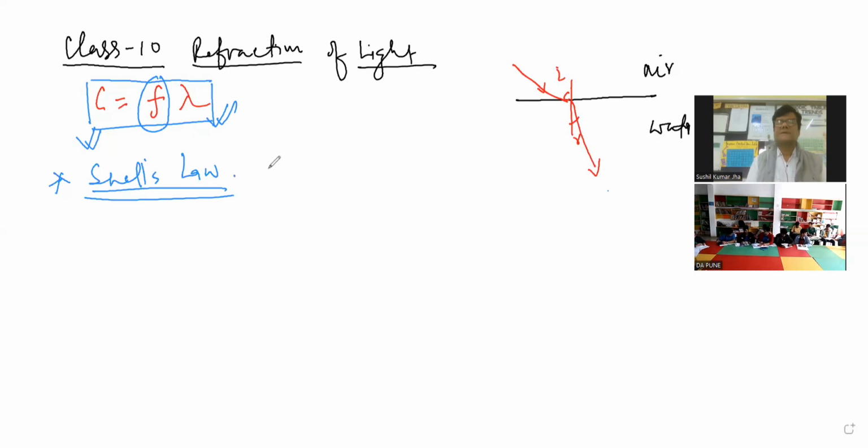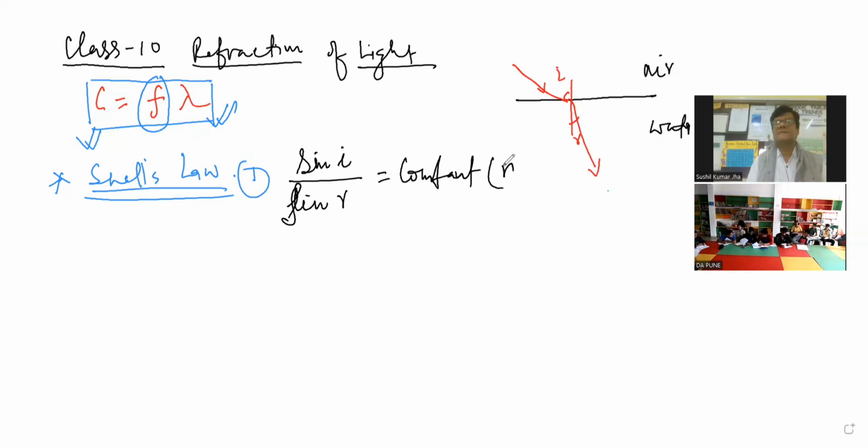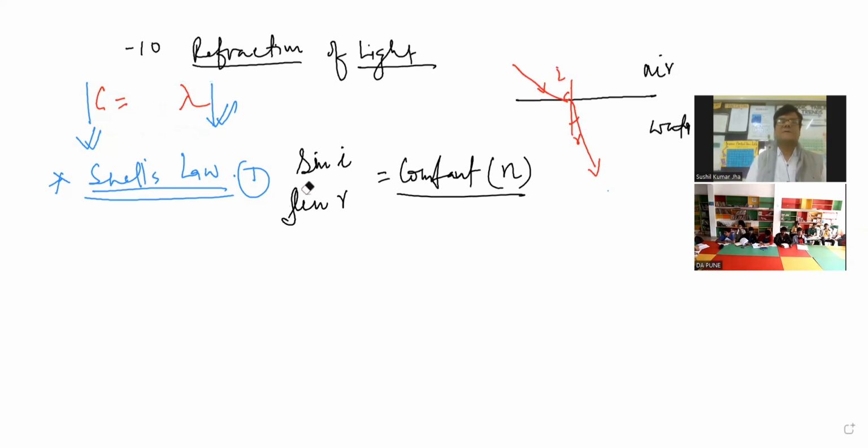The first part says the ratio of the sine of the angle of incidence, sin i, divided by the sine of the angle of refraction, is always a constant. This constant is represented by small n, and somewhere it is written as mu also. So this ratio is always constant, and this is called Snell's law of refraction.